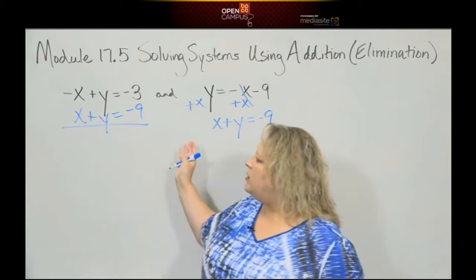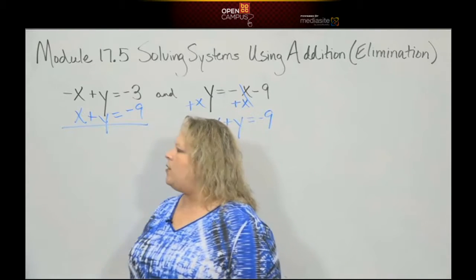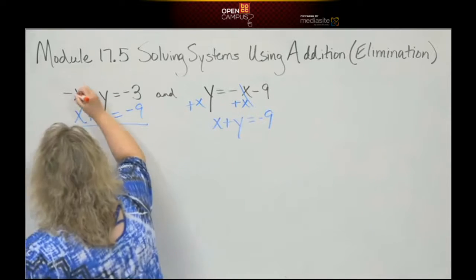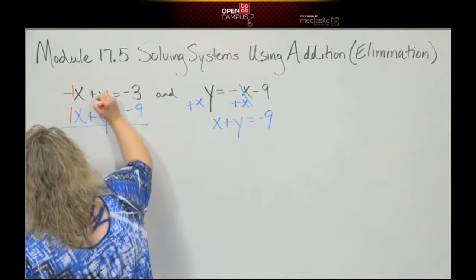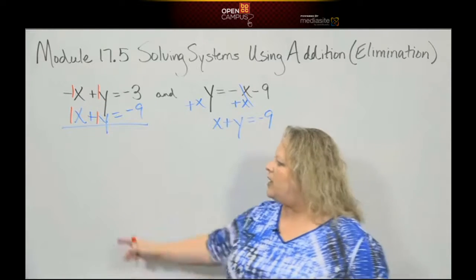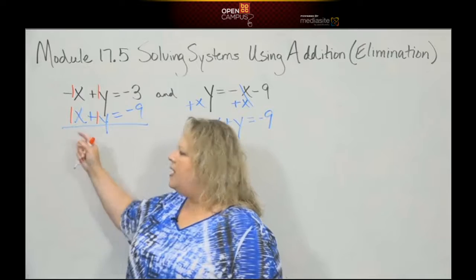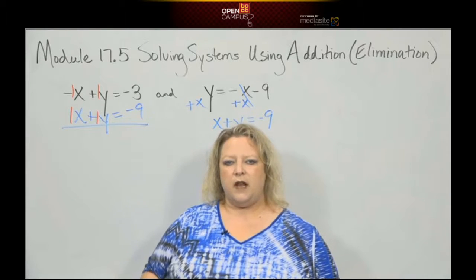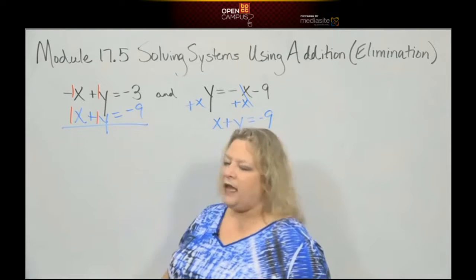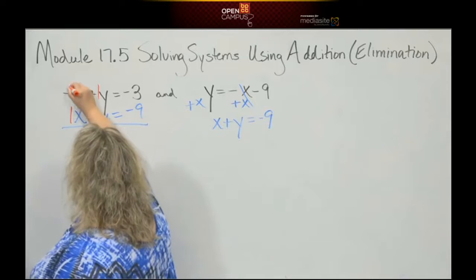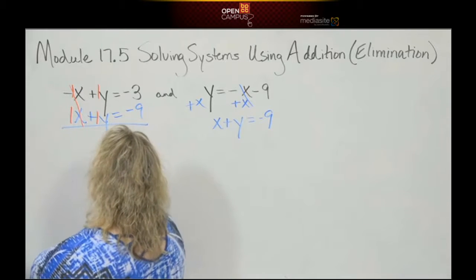Now when you look at these, once I've rearranged this bottom equation, look at what I have. I have my coefficients, you know, my little spirit ones that I love so much. When I look at my x's, look what happens. I have a negative 1x and a positive 1x. In the previous video, the y's canceled out, didn't they? In this video, the x's are canceling out. I'm trying to give you a variety so that you can see it's not always x and it's not always y.